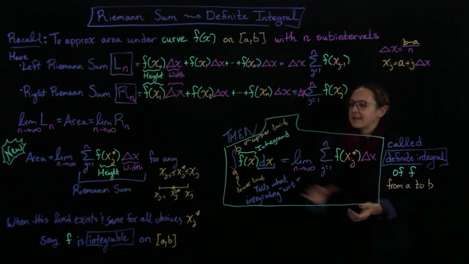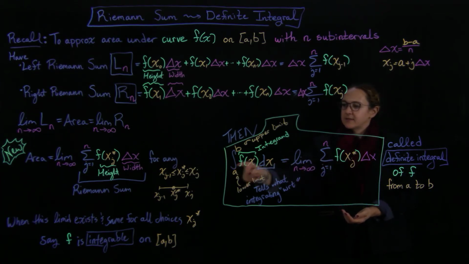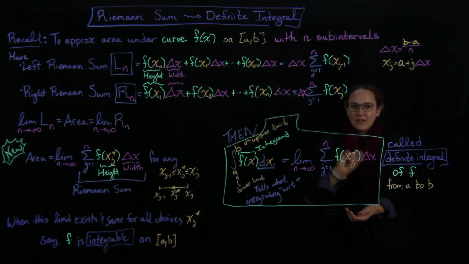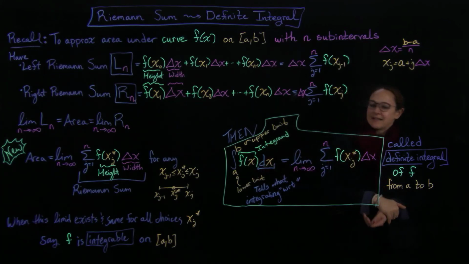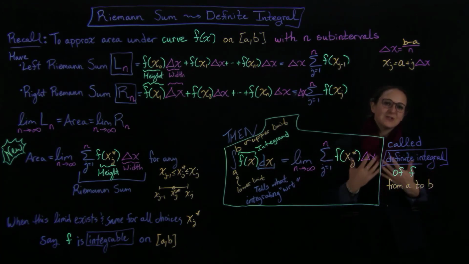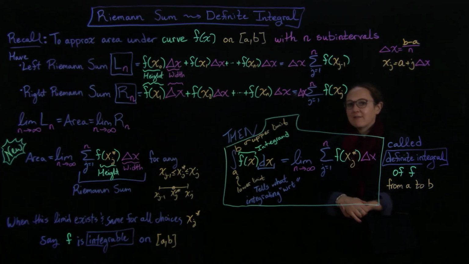We actually ended up getting the integral, and they're very closely related. Even notationally, the sum turns into the integral, and the integrand. The delta x gets infinitely small, and it becomes a dx, like an infinitesimal. You can think of that as telling you what you're integrating with respect to, or basically what your x-axis was labeled, and what kind of variable your a and your b have to be.